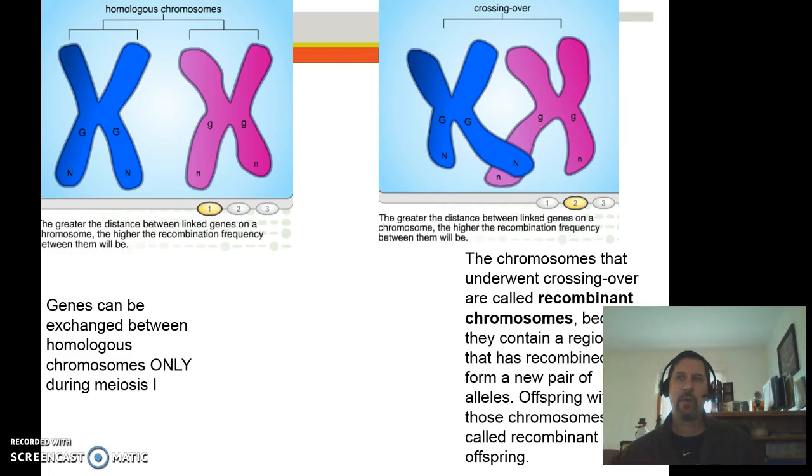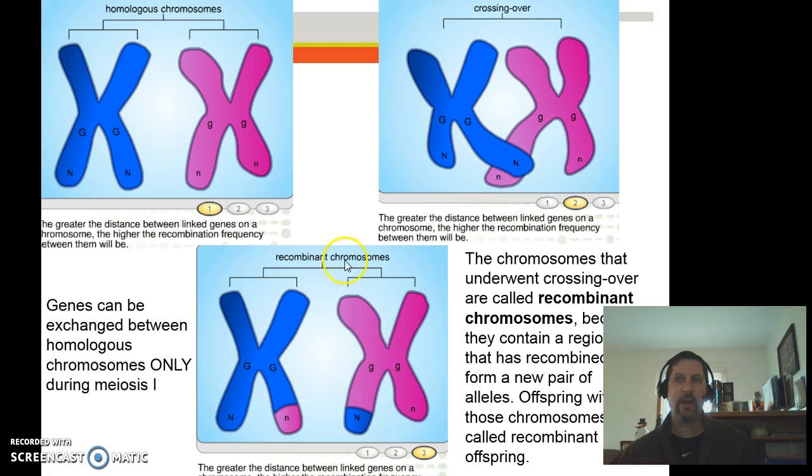Chromosomes that underwent crossing over are called recombinant chromosomes, and they contain a region of a brand new combination. And here we have our brand new combination. Here we have our homologous chromosomes. Crossing over occurs in an area where they can intertwine, break off, and have a new combination.